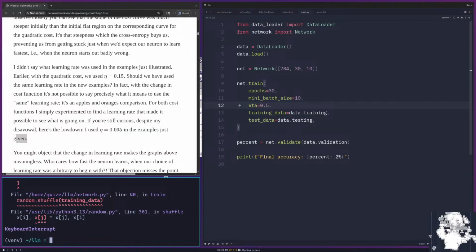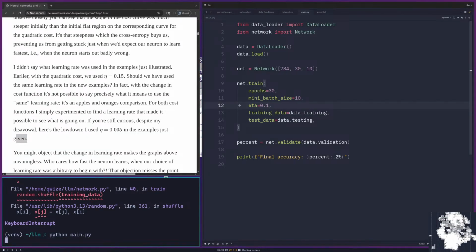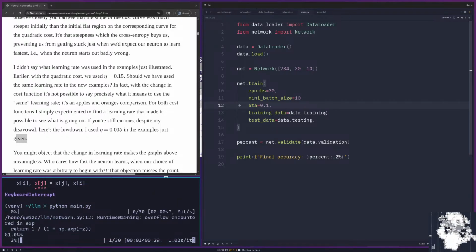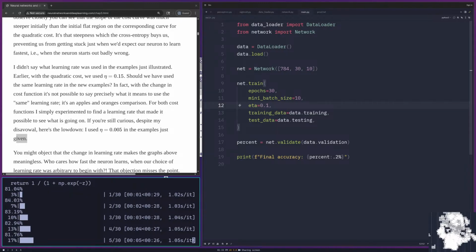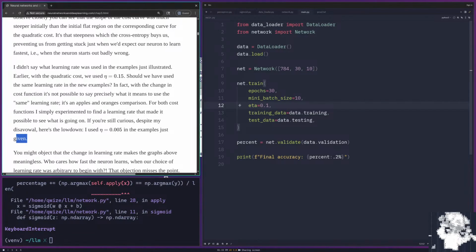That's working all right. Let's do 0.1. It's also all right, but not as good. So how about 1.0?